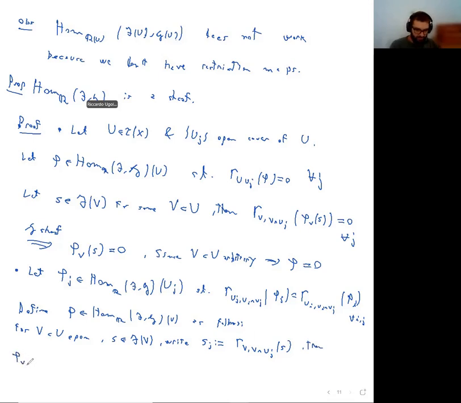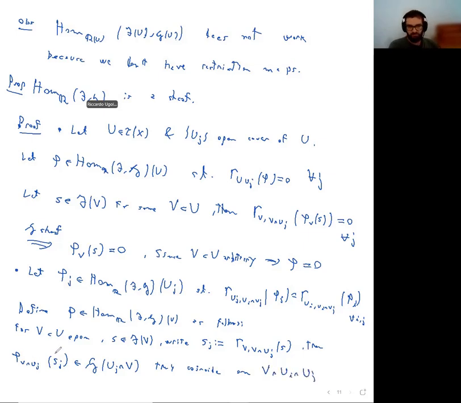And now simply apply phi locally. This is an element of U_j intersected V. So this is a section of G over U_j intersected V. And of course, since this is true, they coincide, they match on V intersected U_i intersected U_j.